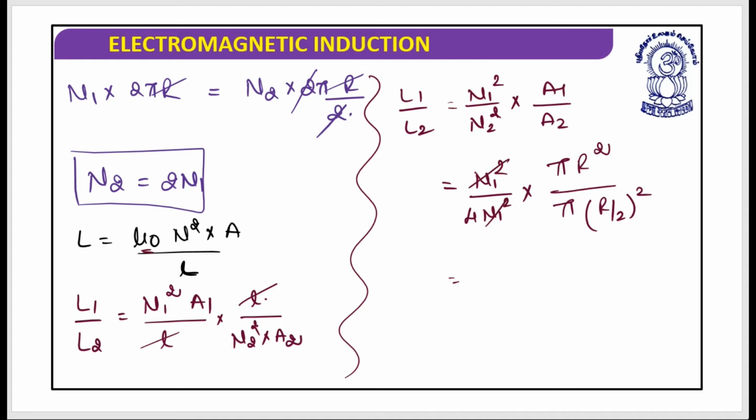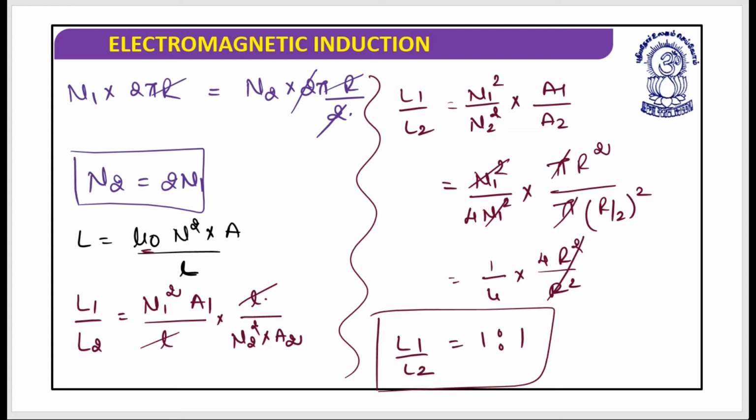So this N1 square cancels, and it's 1 by 4 multiplied by 4 R square divided by R square. This cancels, so L1 is to L2 is 1 is to 1. I hope this is clear.